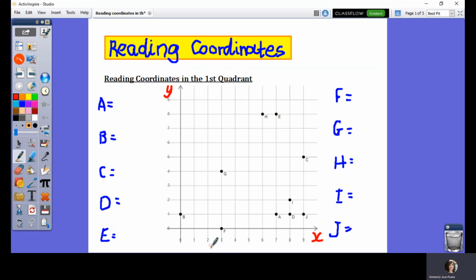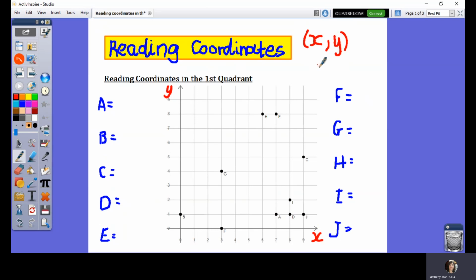In order to read the locations of the letters, I have first to read from the x-axis, so your first number should be taken from the x-axis, and then you have to go up according to the y-axis. So this is how you are going to write down a coordinate.